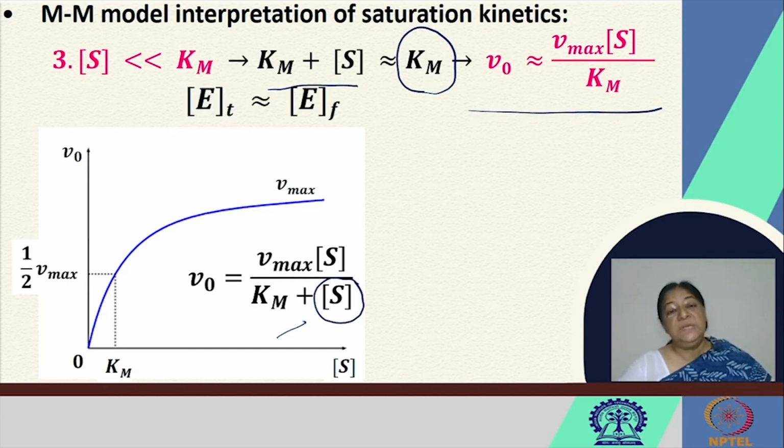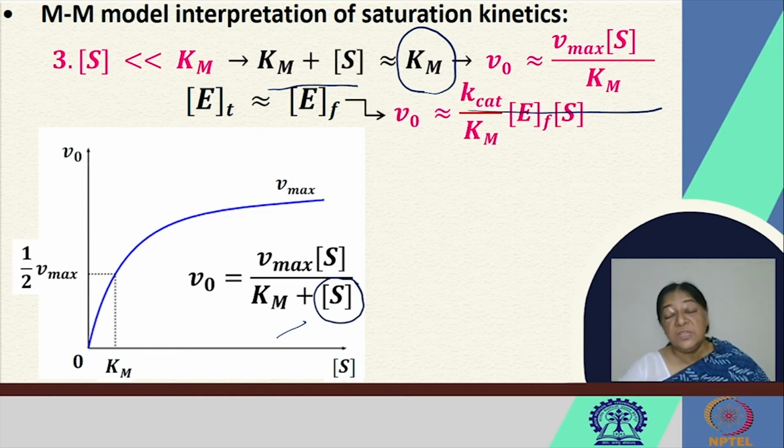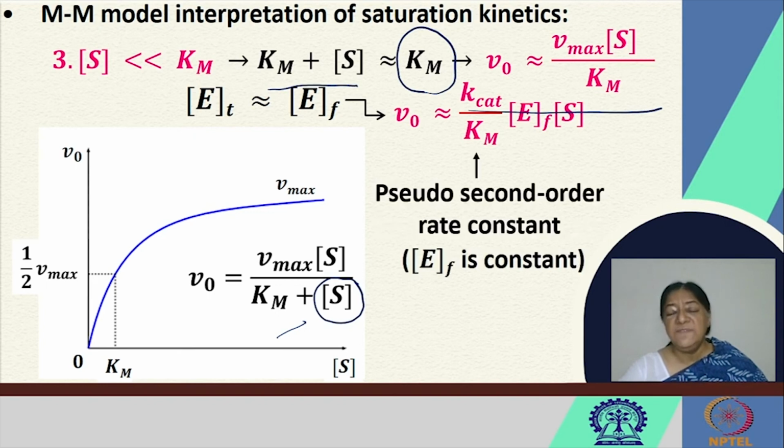Now, this means that the enzyme concentration is equal to the free enzyme concentration, and we can say that Kcat by Km times the substrate concentration gives us a pseudo second order rate constant, where EF is a constant, considering that the substrate concentration is less than the Km value.